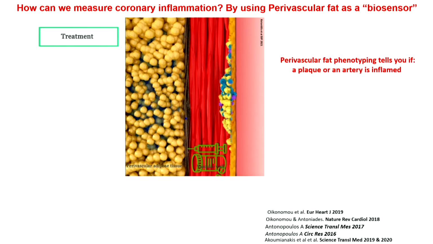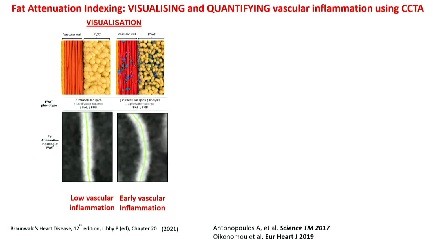Now, perivascular fat phenotyping tells you if a plaque is inflamed, if there is a plaque in the area, or more importantly, if an artery is inflamed even before you see any plaque, because in that way, you can treat these patients if you are able to see these changes in the perivascular fat and prevent plaque development from the beginning.